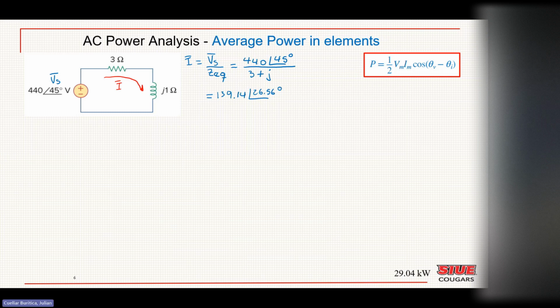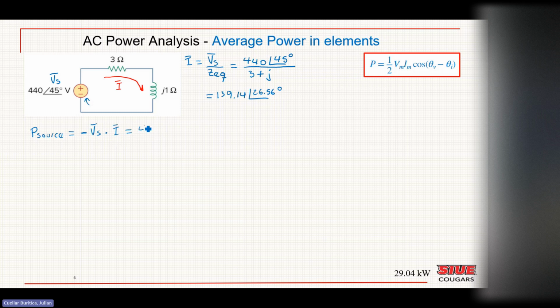Then we can compute the power of our voltage source. Remember that because the current is getting in through the negative side, that power is going to be negative. You remember our first lessons during our first week? Then this is going to be our VS phasor times our current phasor.